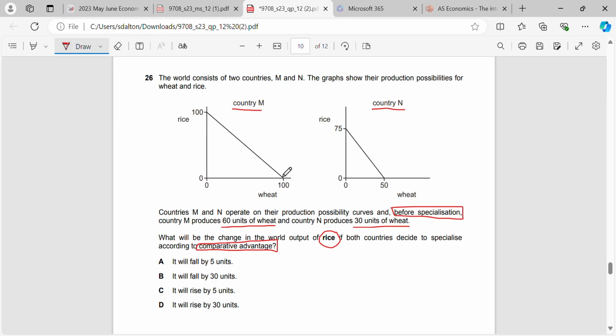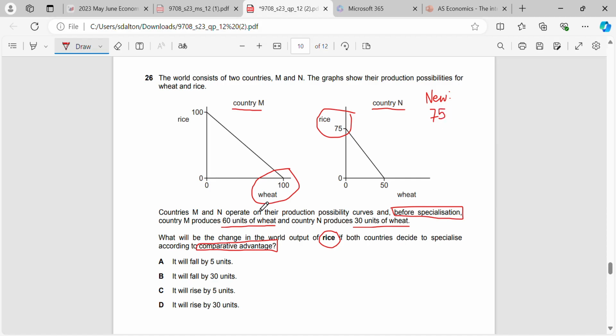Therefore, country M is going to focus on making wheat, and because the opportunity cost of making rice is 0.66 (2/3) for country N and 1 for country M, country N is going to make rice. So our new level of output for rice when they specialize is going to be 75 rice.